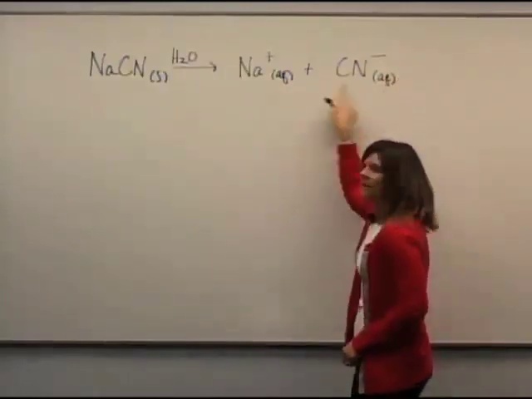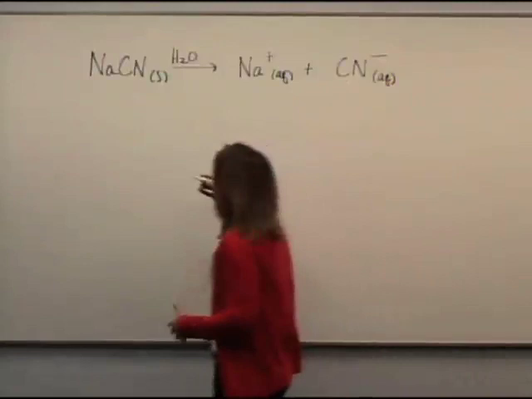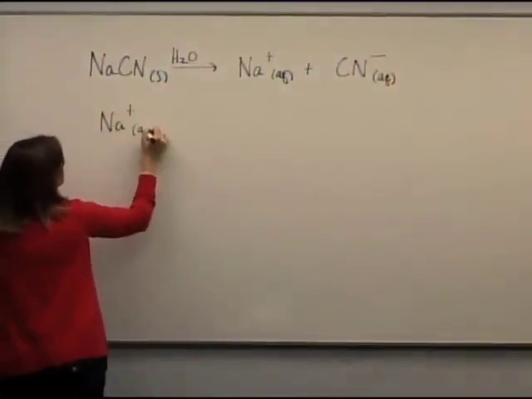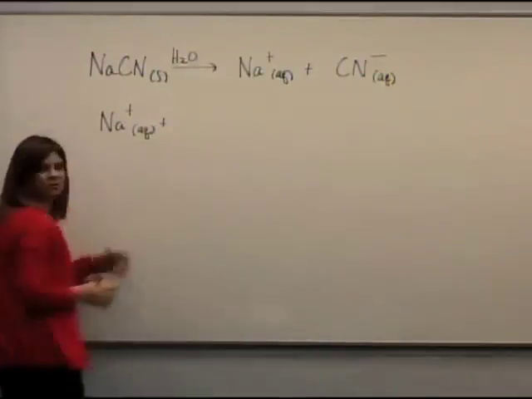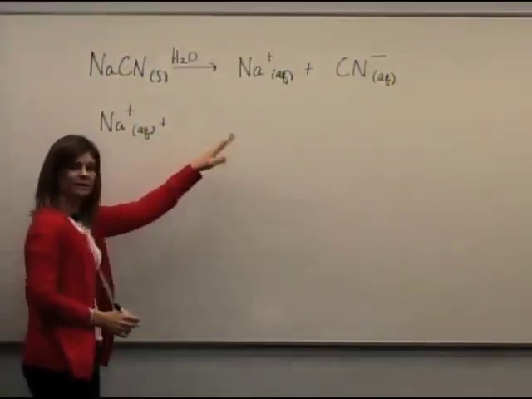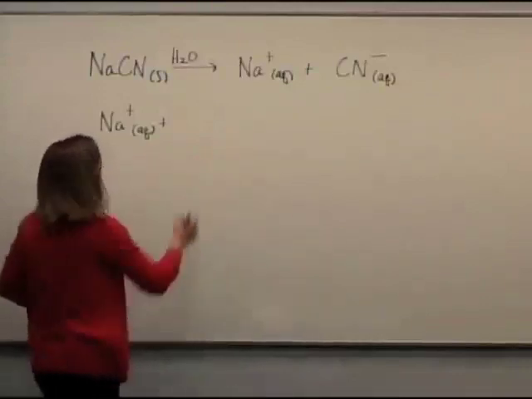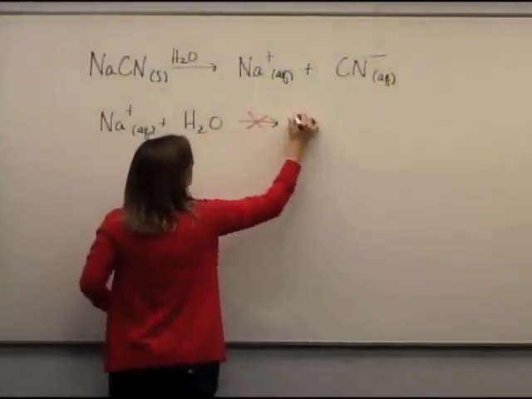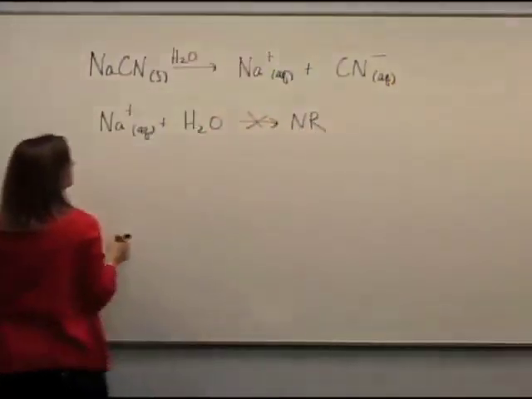So now let's take a look at each of those ions separately and see how they interact with water. Well, I don't want to rewrite this whole sodium thing out again because I just erased it. It's in your notes. Sodium doesn't react with water because it would tend to form that strong base. So plus water, no reaction. And you can look back at that.